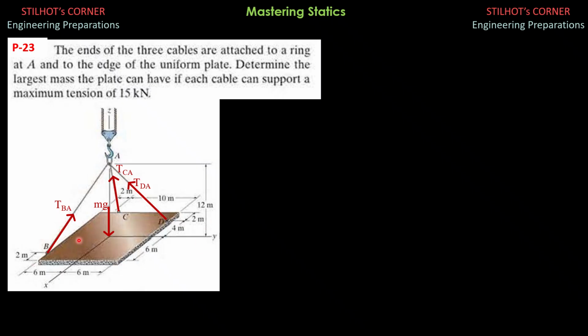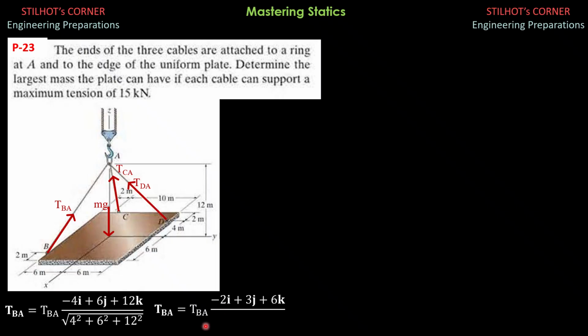So tension BA is equal to magnitude of tension BA times negative 4i, positive 6j, positive 12k over square root of 4 squared plus 6 squared plus 12 squared. And that is equal to, simplifying, tension BA is magnitude of tension BA, quantity negative 2i plus 3j plus 6k over 7.